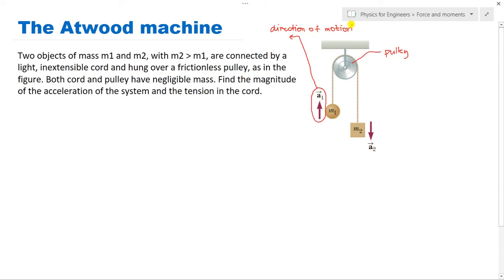Mathematically, the direction of motion is the same as the direction of our acceleration. You might get confused, class, if I say the direction of acceleration is the same as the reverse effective force.